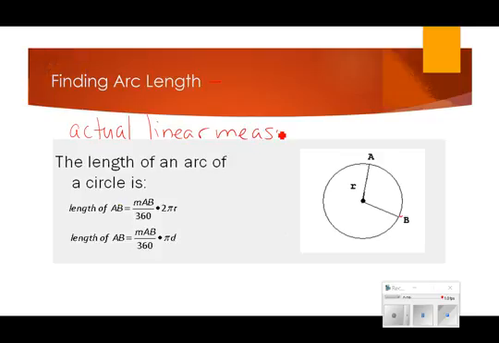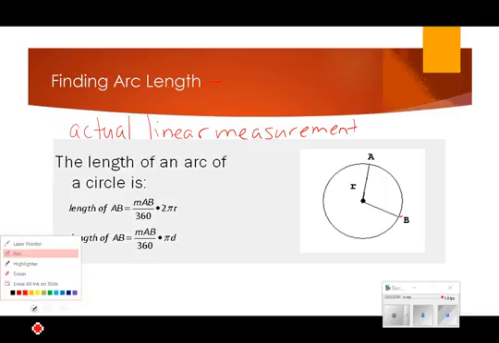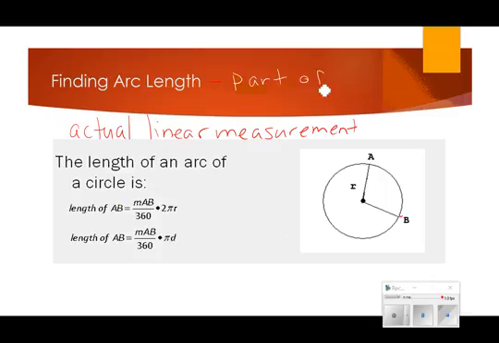So, for example, if we're measuring a tire, and you're measuring part of the tire, you're looking at the circumference, and part of that would be your arc length. So it's also part of a circumference. So let's write that there. I can spell circumference.